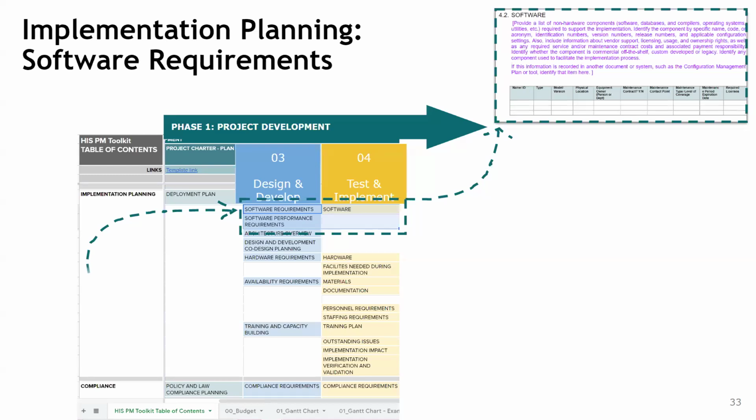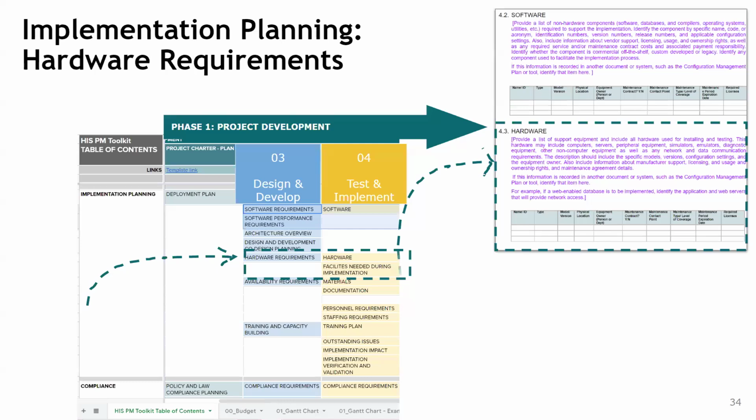If they have software that is not part of the software that we are deploying, those need to be thought of in advance and then documented, so that as part of the planning, they can be purchased or they can be procured at an earlier stage.